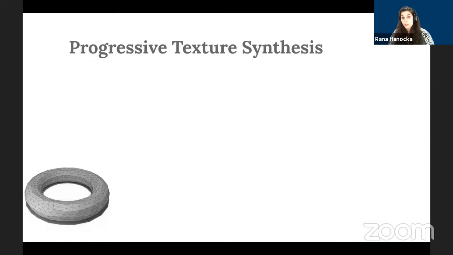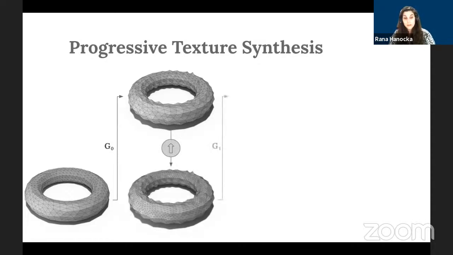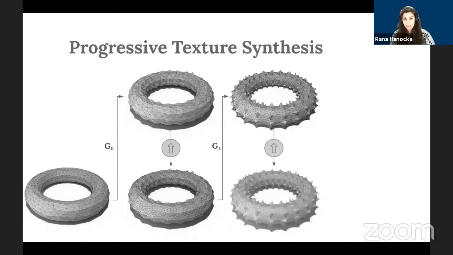So the objective is to learn the unknown texture statistics from local triangular patches. Starting with a base mesh, we learn deep features on the faces of the input triangulation, and this is used to generate vertex displacements. This output is upsampled, or in other words, subdivided before going to the next level generator, which displaces the vertices. And this process is repeated until reaching the finest level in the series.